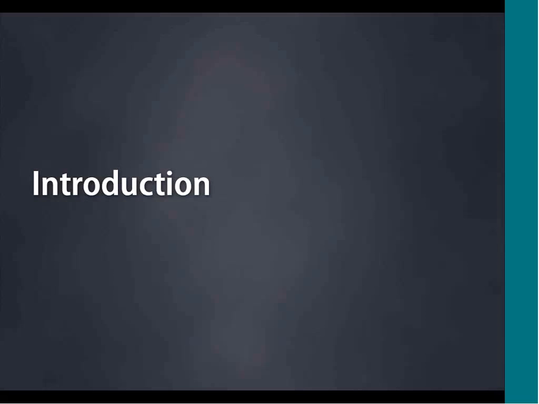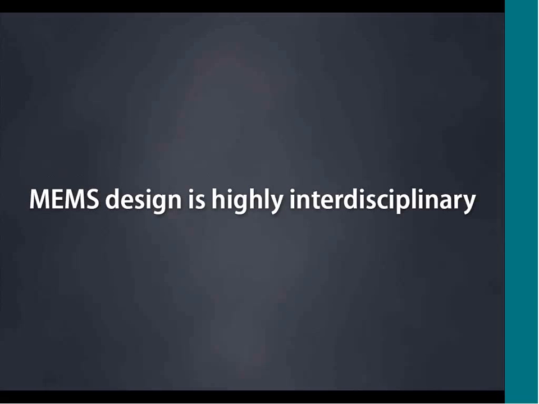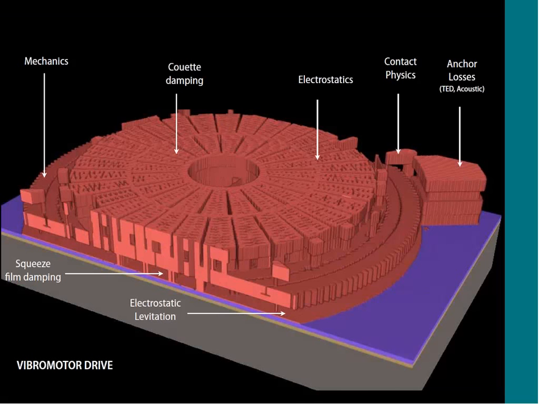So just as a little bit of an introduction, I'm sure you all know that MEMS design is highly interdisciplinary. Within a certain MEMS device, such as this vibromotor, for example, there's many different phenomena going on.